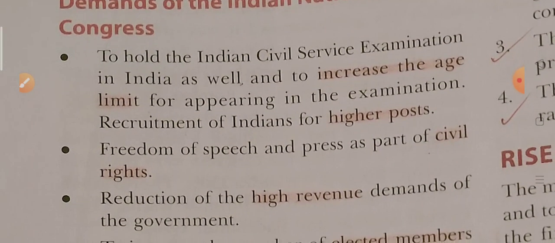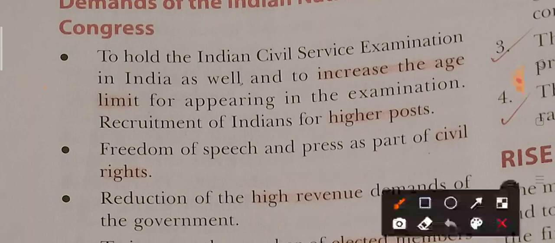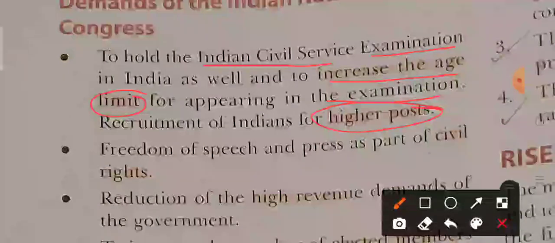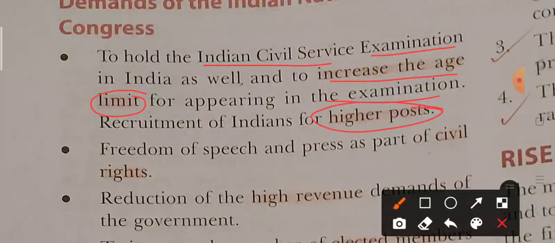First was to hold the Indian Civil Services examination in India as well as increase the age limit. This was the most important issue: to increase the age limit of the Indian Civil Services examination and the recruitment of Indians to higher posts. Actually, in India the Britishers were implementing a discriminatory policy.